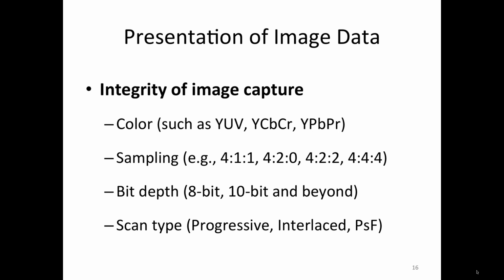NTSC systems have 262.5 lines per field for a total of 525 scan lines. NTSC is the color encoding system, basically the standard for American broadcasting systems. PAL, for phase alternating line, and SECAM, which stands for sequential color and memory, have 312.5 lines per field for a total of 625 scan lines.